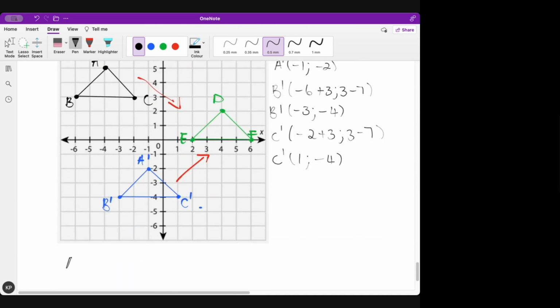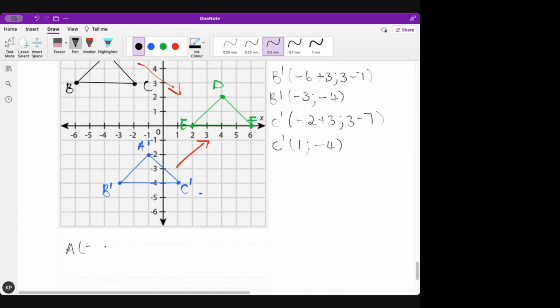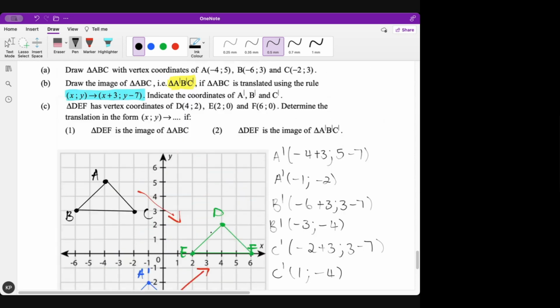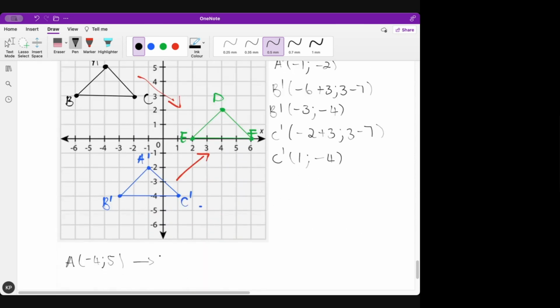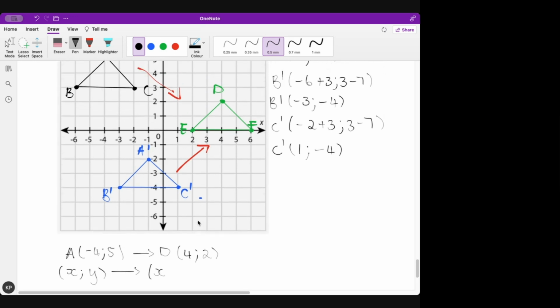So A we had was -4 and 5. And this moved to D, which is 4 and 2. We went from X, Y. Tell me what the X translation was. Is X plus or minus?